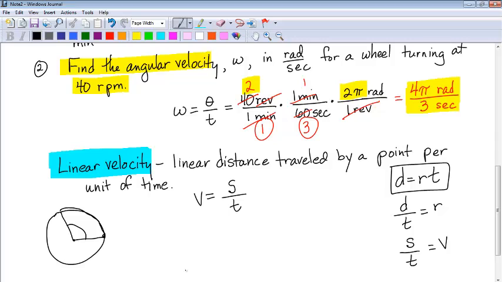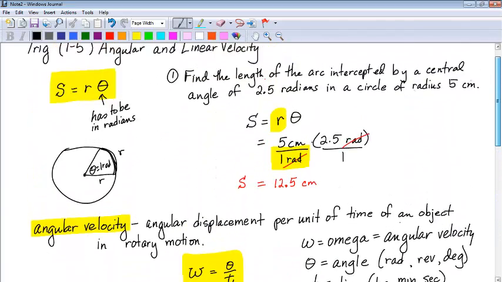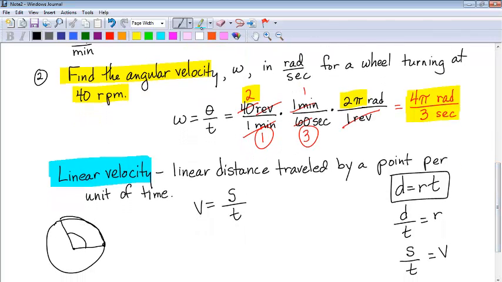But what does s equal? s equals r theta. So go back to this formula and substitute in for s. V equals r theta over t, since s equals r theta. But what is theta over time? Omega.